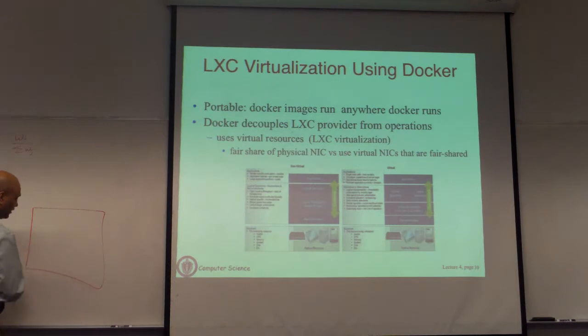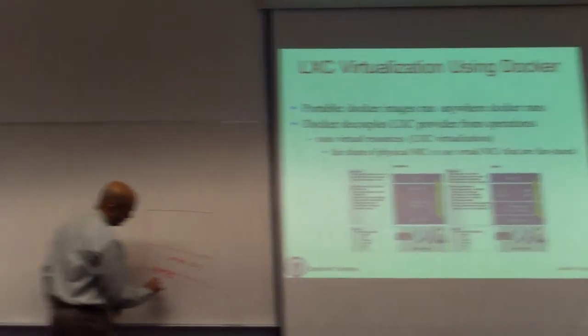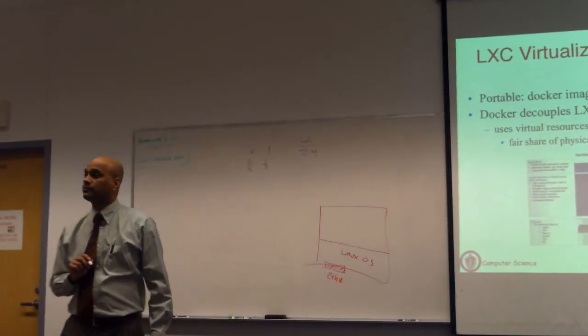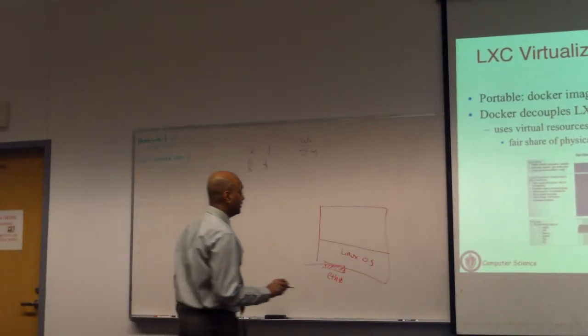So let's say this is a Linux machine, it's running Linux. Let's just take one resource. I'm going to take the Ethernet card. This is the network interface card on the machine, which has its own IP address.